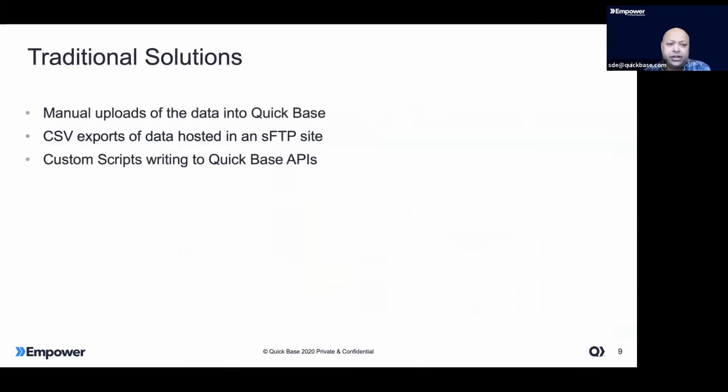So traditionally, the way that all of us have solved those problems is one of three ways. The easiest, but the more manual way has been to upload periodic snapshots of that data into QuickBase.